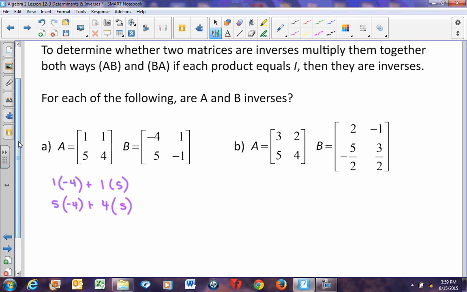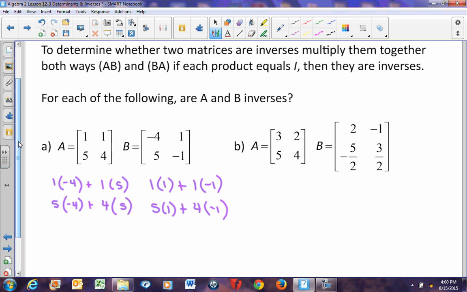I did it weird. I normally go across. I don't know why I do it that way. And then 1 times 1 plus 1 times negative 1, and then 5 times 1 plus 4 times negative 1.